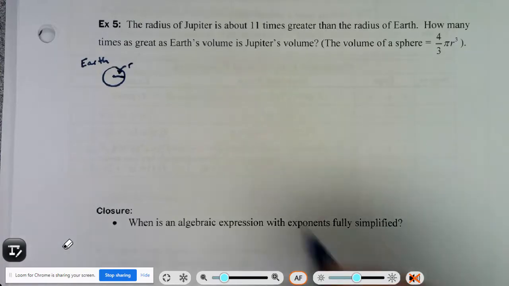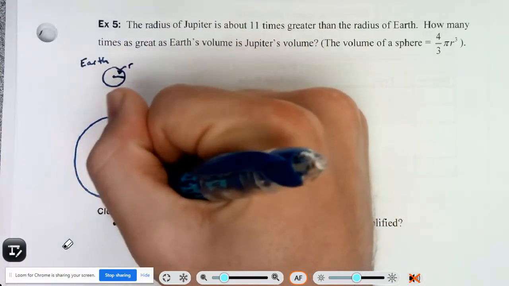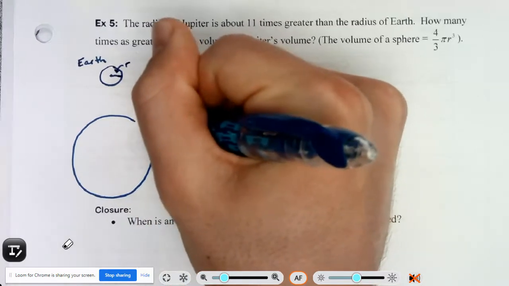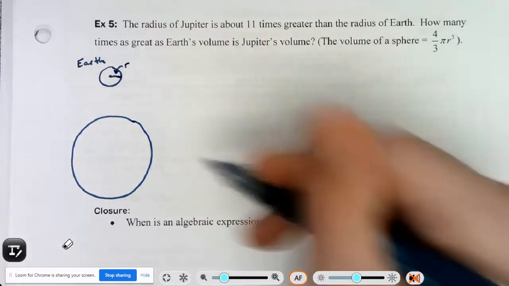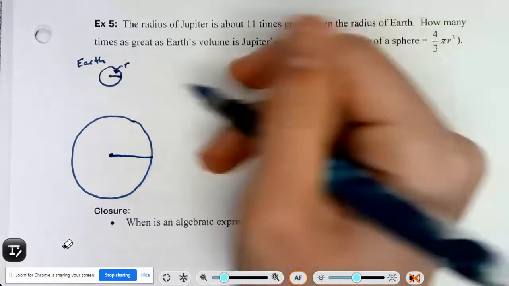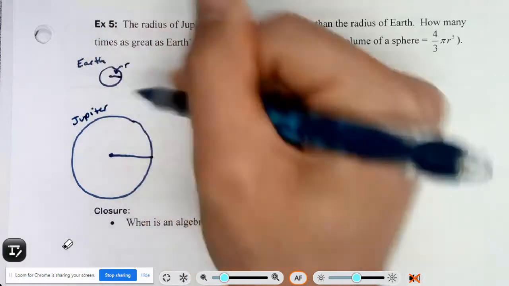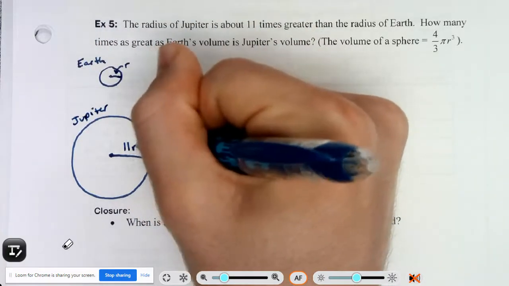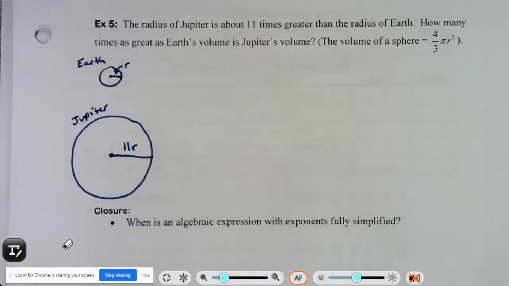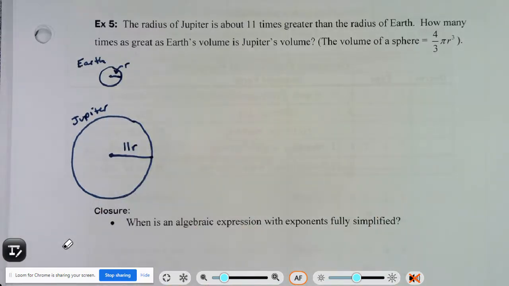Jupiter is a huge planet in comparison to Earth, still spherical, but from the center to the edge we're assuming it is 11 times as great, in other words 11r, 11 of Earth's radiuses. So we want to use that information to compare their volumes.